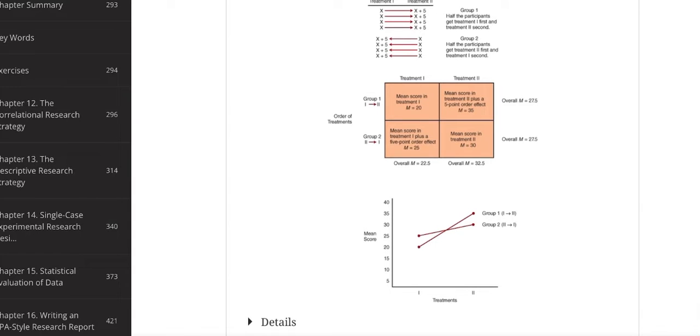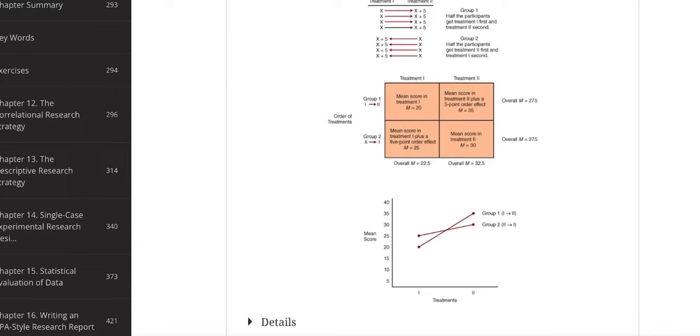They are higher than the first figure, but they are still the same, which means there's no main effect for order of treatments, but there is an interaction, which means the order of the treatments isn't affecting the dependent variable directly, but it is influencing the way that the treatments themselves are affecting the dependent variable. So there is an interaction there.